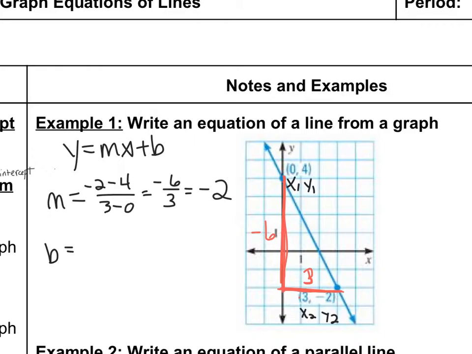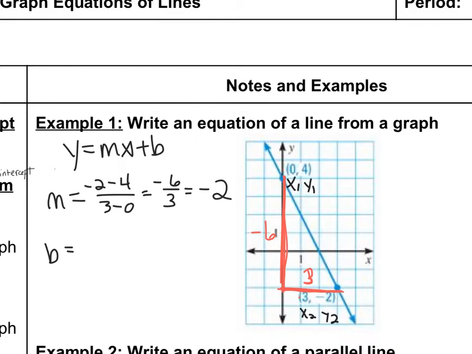Now, the y-intercept. Y-intercept simply means where does that graph cross the y-axis, or where is that graph where x equals 0? Luckily we have a graph. We can see that this is our y-axis. This is where the line goes through the y-axis, and it crosses at 0, 4.